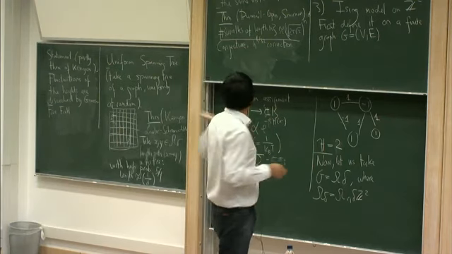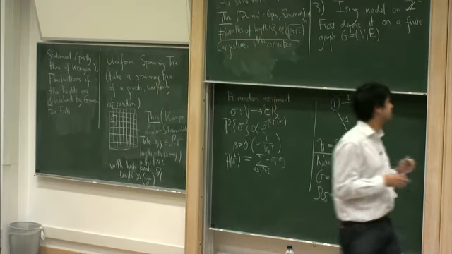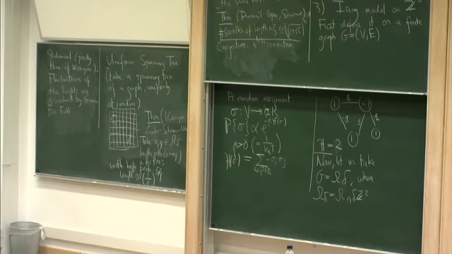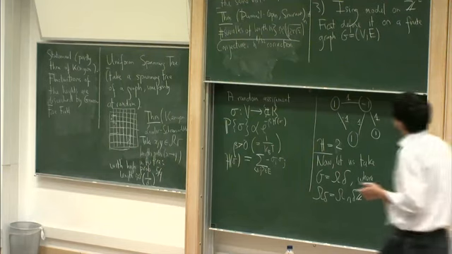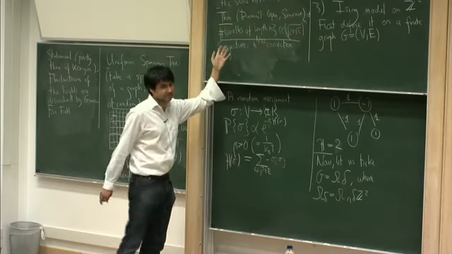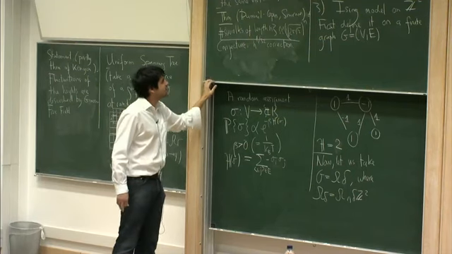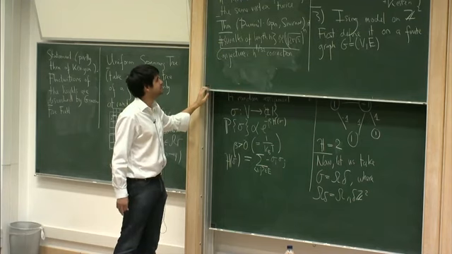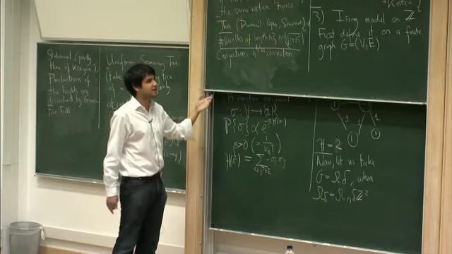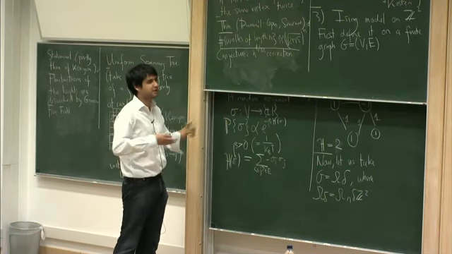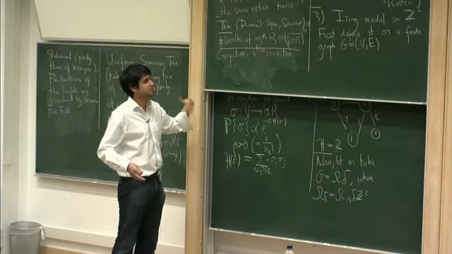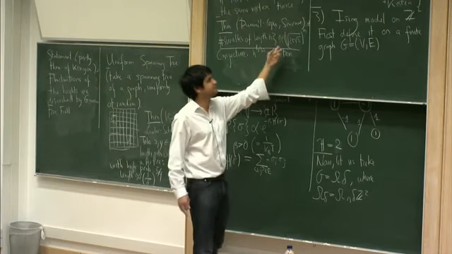Some models are automatically critical. The simple random walk is automatically critical. The dimer model is automatically critical, at least defined in this way. The uniform spanning tree, the same. And the self-avoiding walk: I didn't really define it as a statistical physics model. The way I defined it was really in order to make the statements as simple as possible. But the idea is that you can look at random walks of non-fixed length, where the probability of a random walk depends on the number of steps it makes.